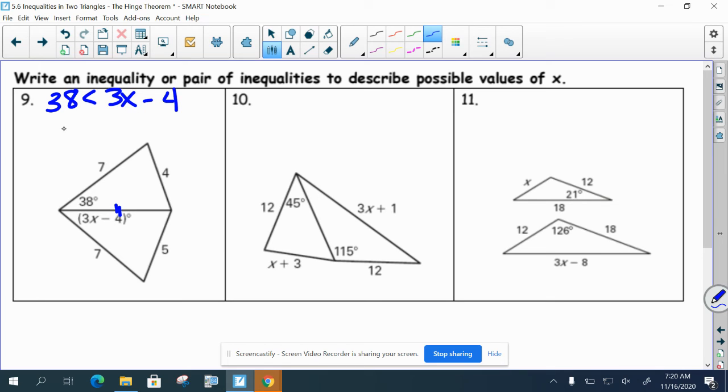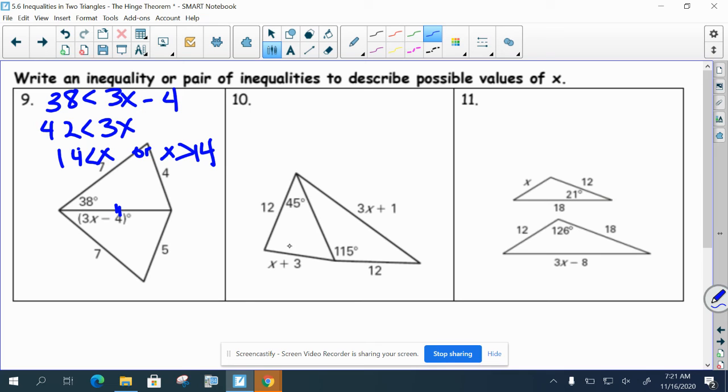So you can add over the 4 to be 42. And what's 42 divided by 3? Is it 14, I think? 14. So that means 14 is less than x. So you can say 14 is less than x, or you could say x greater than 14 if you flipped it around. Okay, so either of those would be the same.